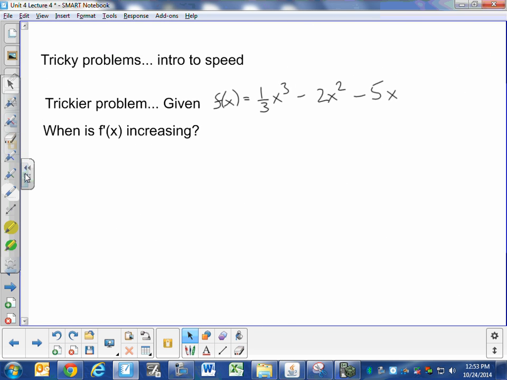Okay, intro to speed. Start off with a tricky problem. There's f of x. F of x is equal to 1/3 x cubed minus 2x squared minus 5x. I ask, when is f prime increasing?